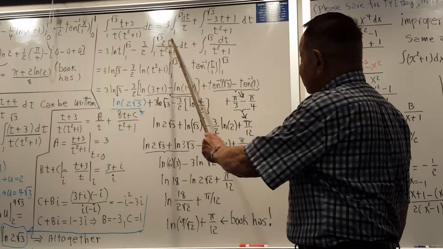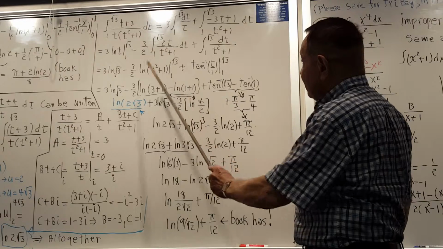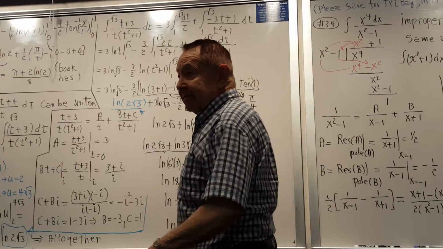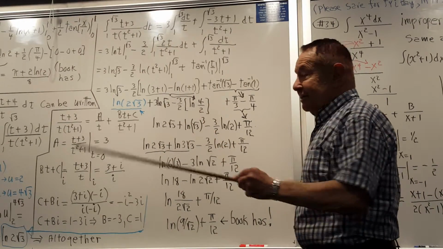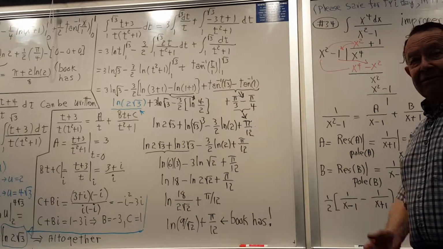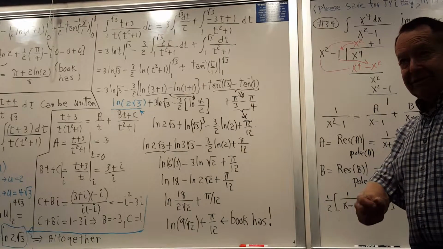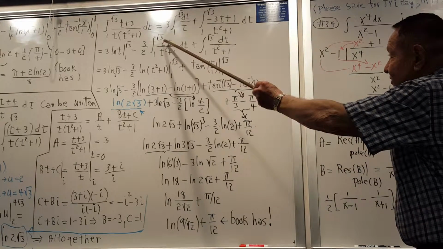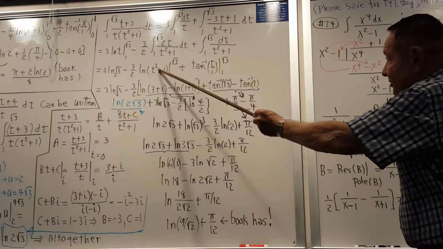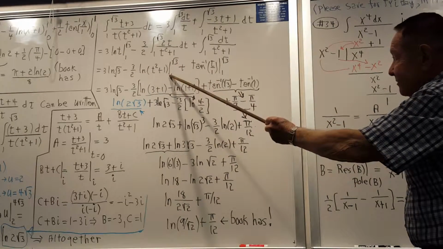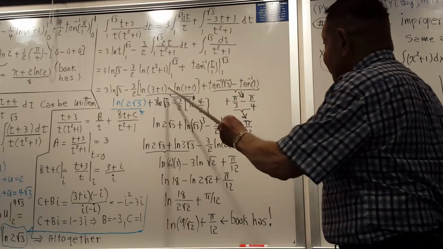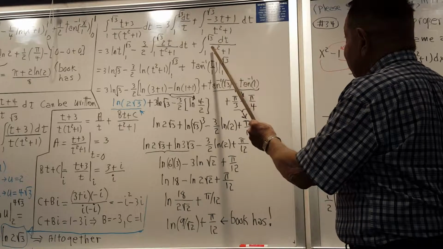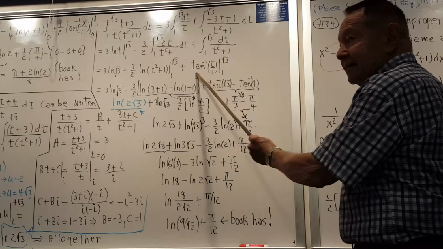I've done that here, so I'll have a 2t over (t squared plus 1), so that this is natural log of the denominator. If that's u, this is du. But rather than doing it with a formal change of the letter to u and the limits, I just saw that this form will give me the logarithm and stayed with the original limits and the original variable. And then here I have the dt over (t squared plus 1), and that's arctangent.